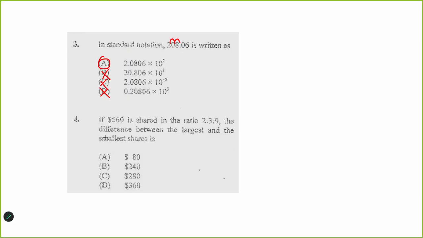So it will only be A. If 560 is shared in the ratio 2 to 3 to 9, the difference between the largest and smallest: your largest share is 9, your smallest share is 2. The difference between 9 and 2 is 7. So we know that all the parts here, 2 plus 3 plus 9, is 14.